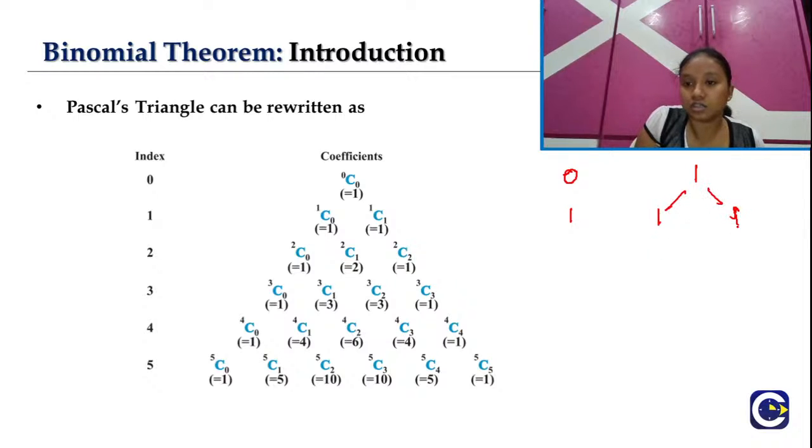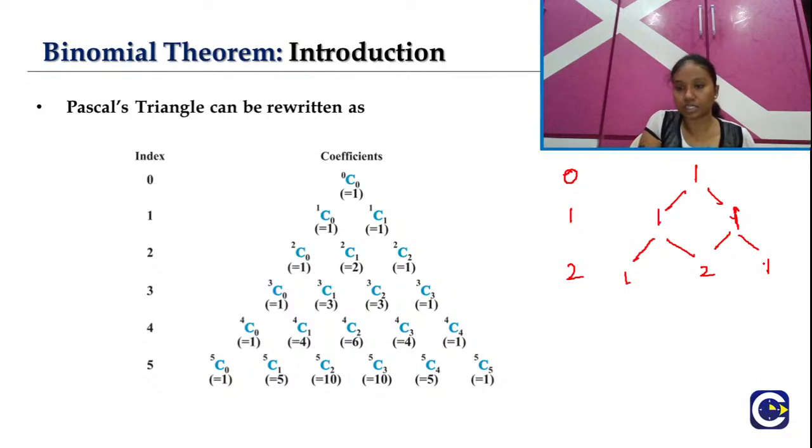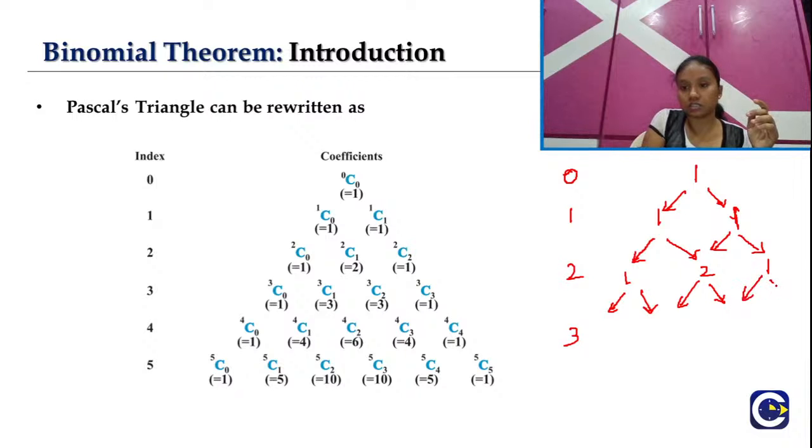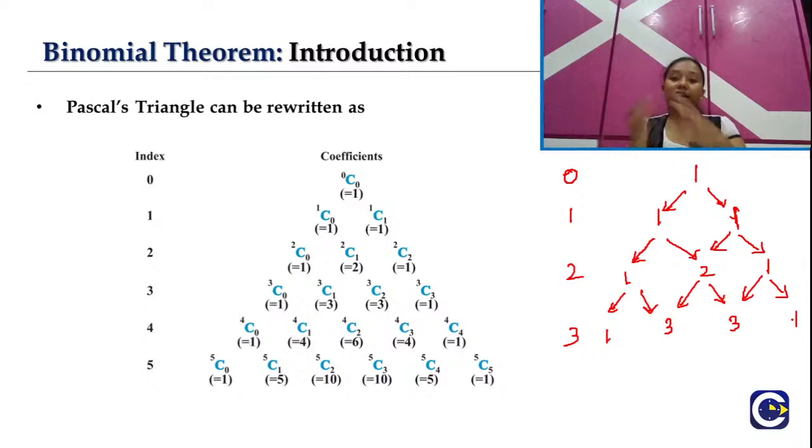For index 2, again this will be splitting, so here it is 1, here it is 2 and here it is 1. For index 3, I'll just keep the arrow so that there is no confusion. Twice it will be splitting like this, so here it will be 1, 1 plus 2 is 3, 2 plus 1 is 3, and here 1.